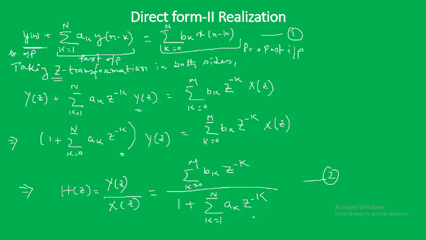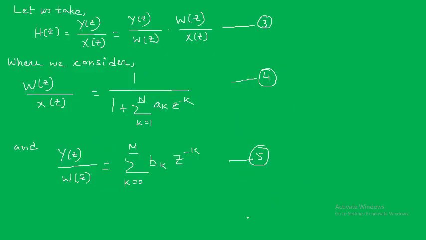Now you see, for direct form 1 our approach was different, and in this case the approach will be a little bit different. We take this transfer function H of z, that is y of z by x of z, and here we define another transformed intermediate variable, w of z.